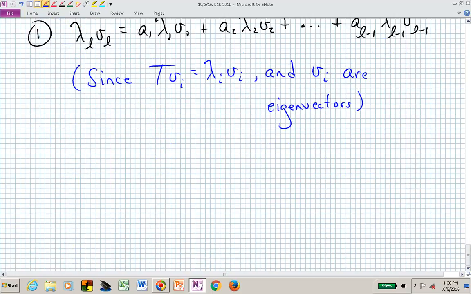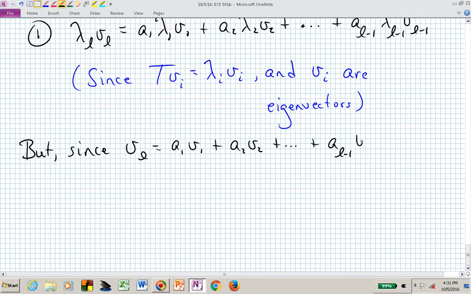If we use that, let's say we now have V sub L is equal to A1 V1 plus A2 V2 plus up to A sub L minus 1 V sub L minus 1.